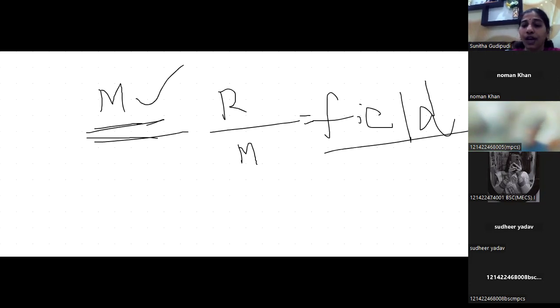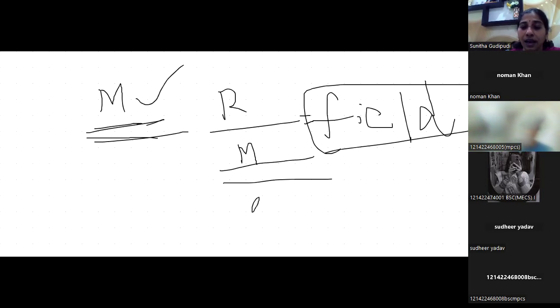What do you mean by field? It should be a commutative ring. It should have unity. Apart from that, what else must it have? Every element in this set must have a multiplicative inverse. So what we need to establish is, whenever there is an a plus M belonging to R by M. What are the elements of R by M? All cosets. What are those cosets? All a plus M form.